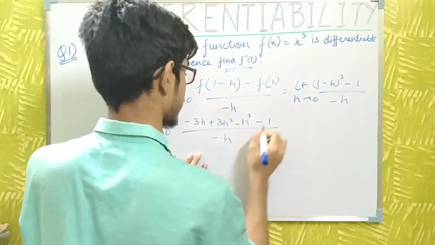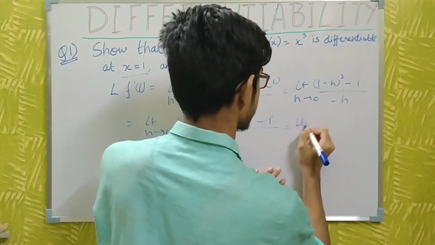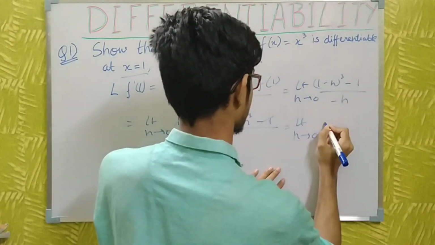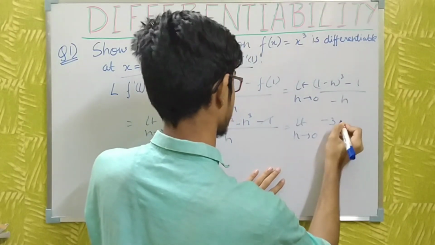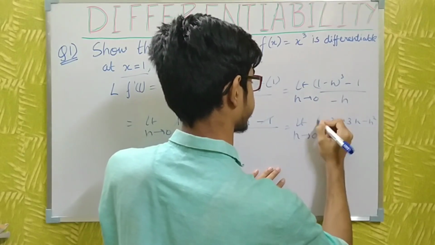by minus h. So 1 and 1 cancel, and now it will be limit h tends to 0 of minus 3 plus 3h minus h square.